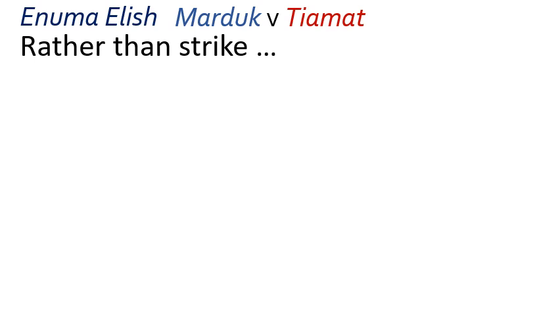Then human beings could live on the land, on the sea monster's body. Now, for these Babylonian gods, humans were created to be the slaves of the gods. So in the Enuma Elish it was Marduk versus Tiamat, and Marduk used violence. He struck and killed Tiamat.